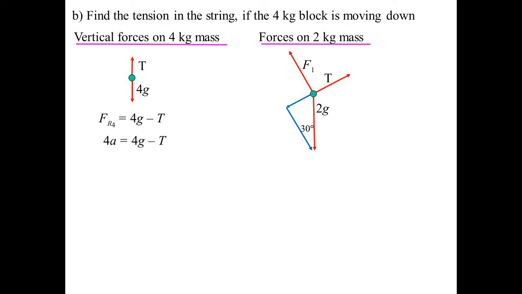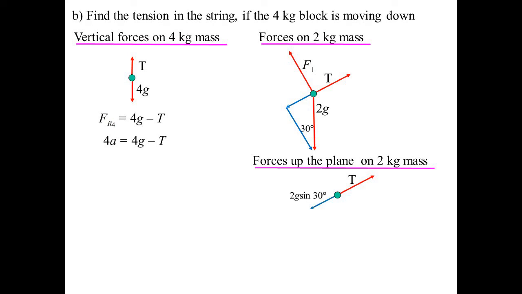Okay, so I'm interested in the forces up the plane because it's tension that I'm interested in here. So I've got tension going up the plane, but I would have 2g sine 30 because that's opposite the angle. The resultant force up the plane will equal T minus, because it's going in the opposite direction, 2g sine 30.